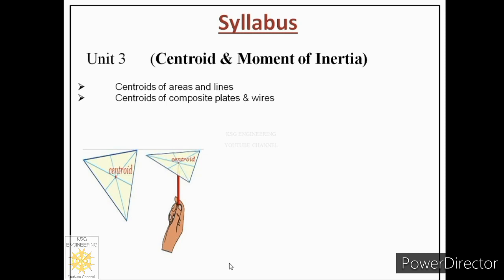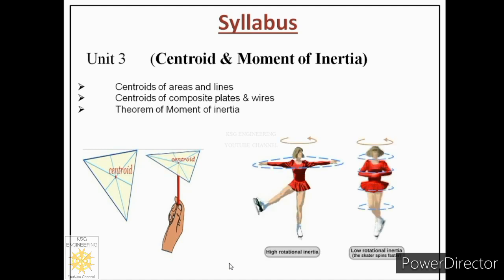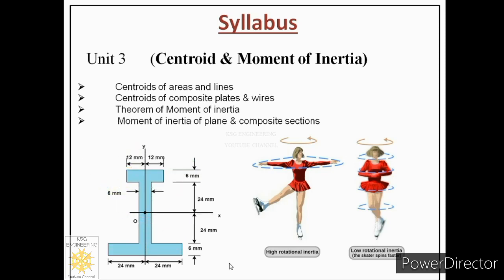Composite plates are made up of more than one regular area. Then we will learn the theorems of moment of inertia as well, and we will see the importance of moment of inertia. We will also learn the method which will help us find the moment of inertia of plane sections and composite sections.